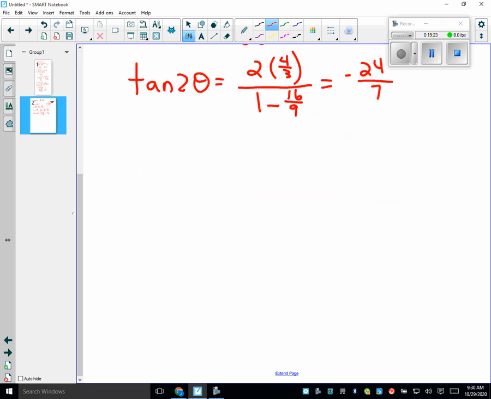Moving right along, let's find sine of theta over 2. Do you know that formula?